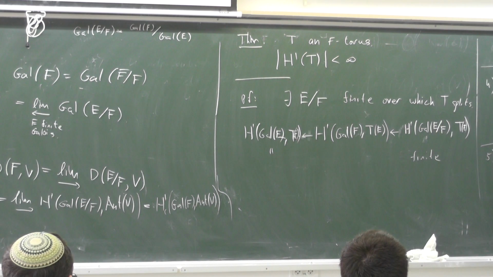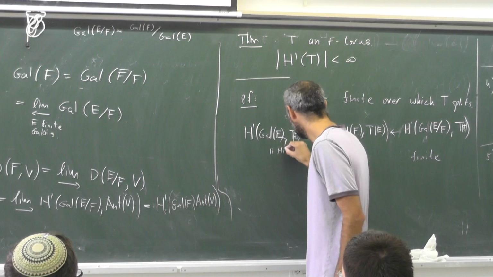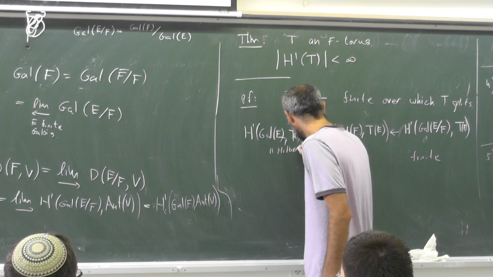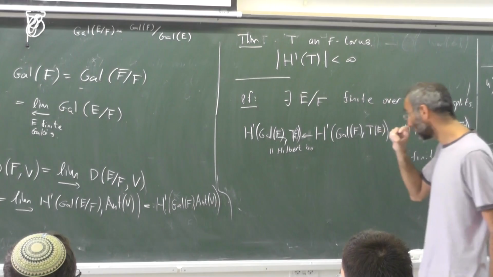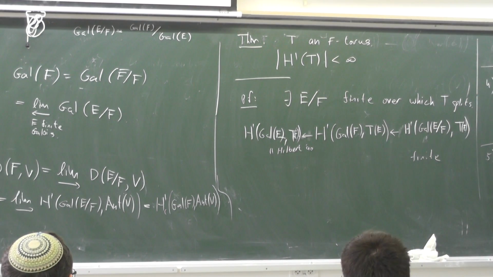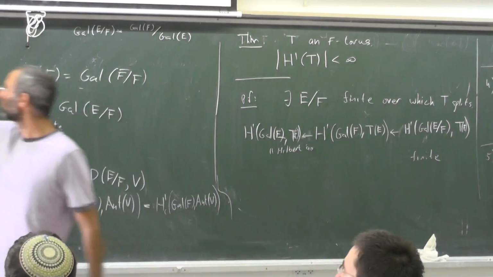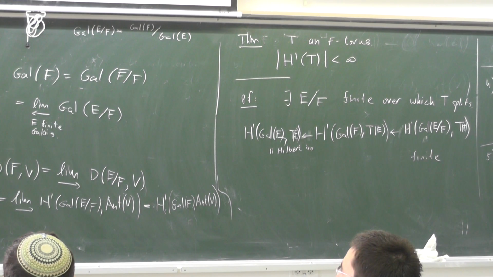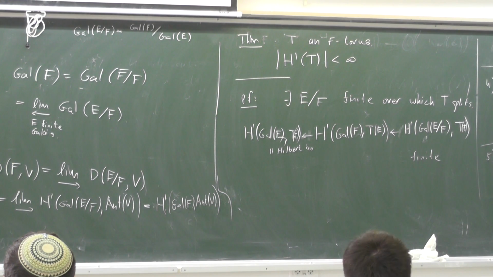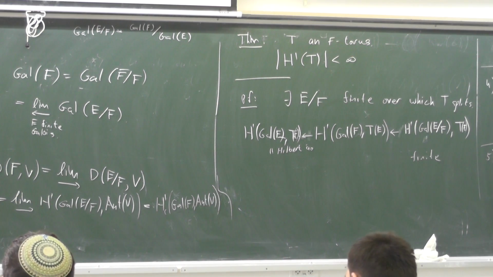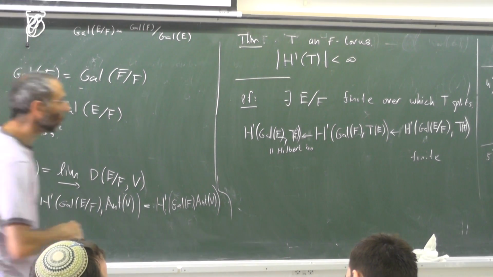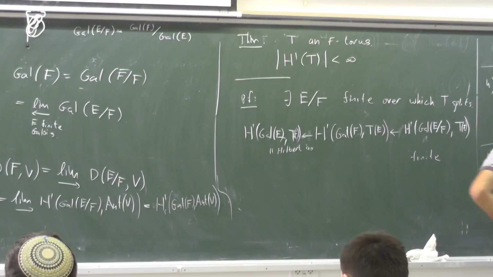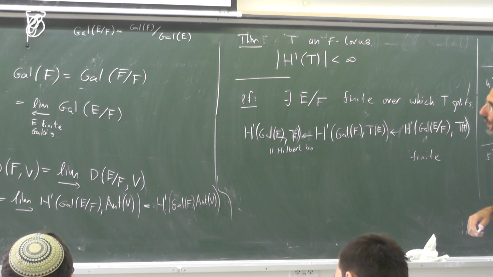T is just a direct product of E stars, right? Maybe. Oh, I got confused.